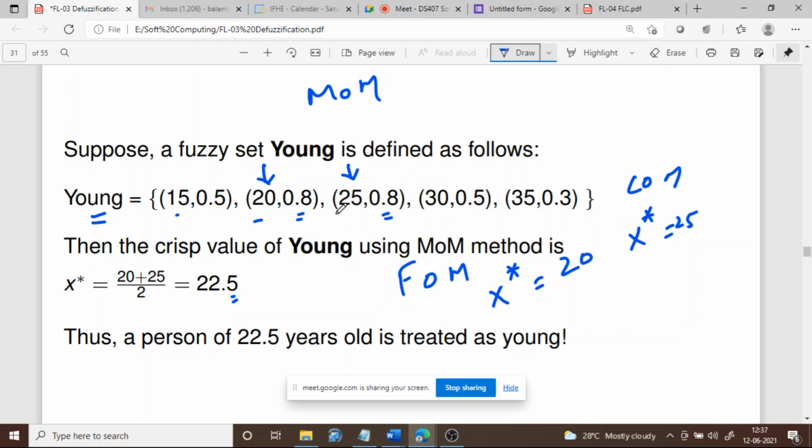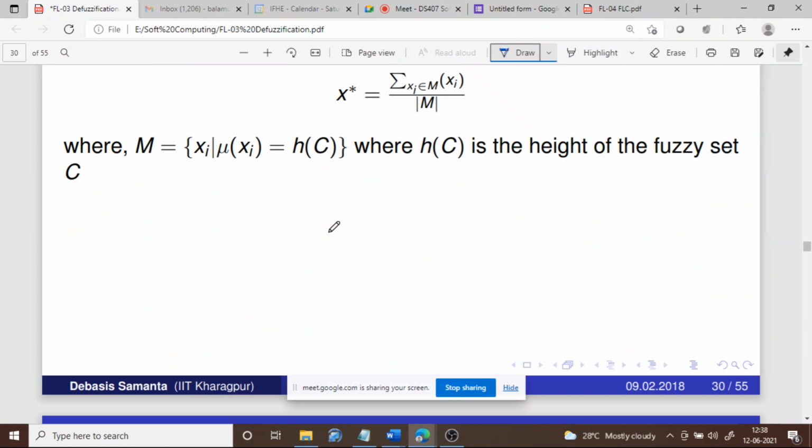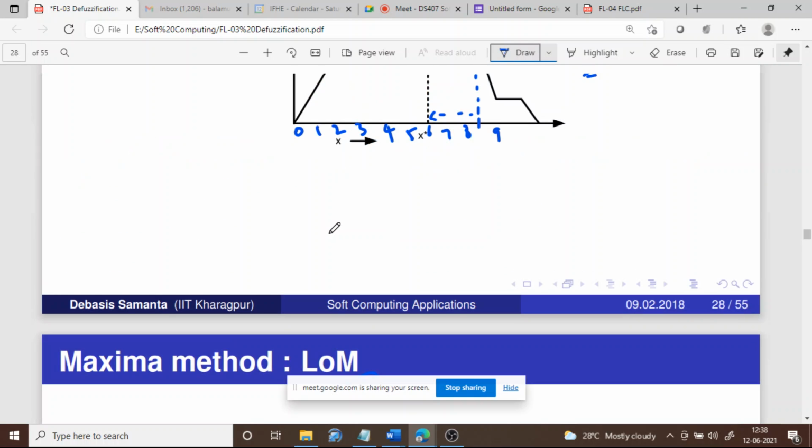So can you apply the height method here? Is it possible to apply the height method to identify the crisp value? The height method cannot be applied here.